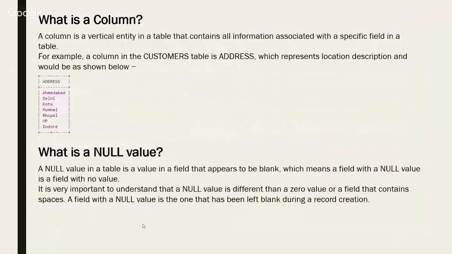What is a column? We already discussed that. And what is a null value? A null value in a table is a value in a field that appears to be blank, which means a field with a null value is a field with no value. It doesn't mean that field contains 0. Instead, it does not contain any value. That is what a null value is in a table.